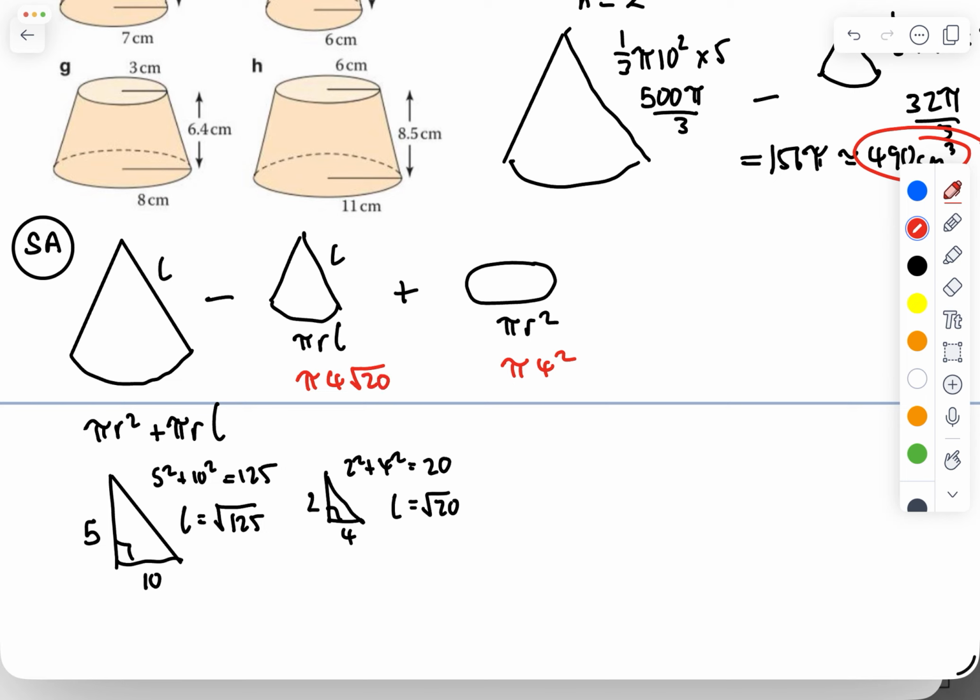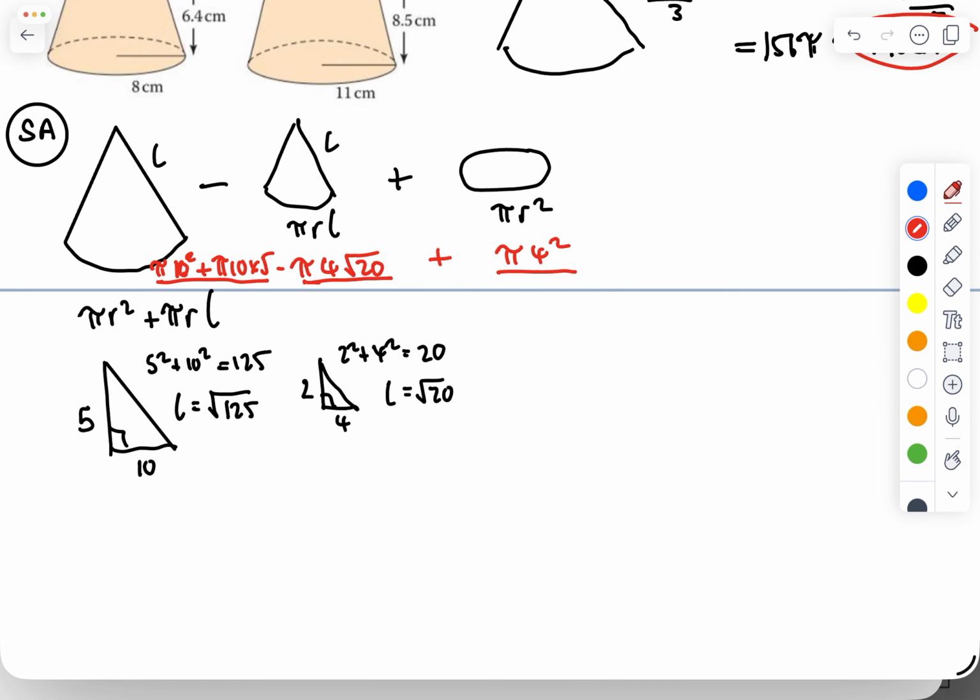And then the surface area of the large cone is going to be pi times 10 squared plus pi times 10 times 5. So I'm going to take surface area minus the curved area plus the lid, or the base of the small cone. Right, okay, now there's a good bit of revision for surds here as well.